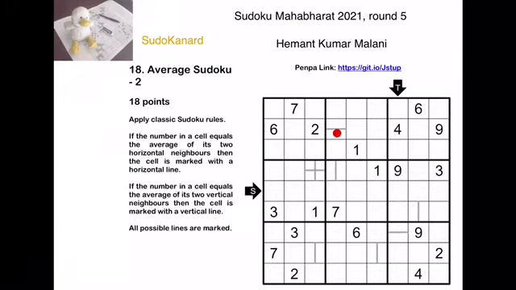So this one is the mean value of those two digits, and this one appears to be the mean value of those two digits and of those two digits. And one last thing is that all possible lines are marked, which means that this digit is not the mean value of this one and this one. And all over the grid it's the same.